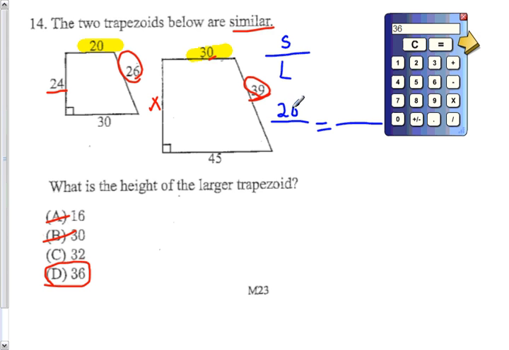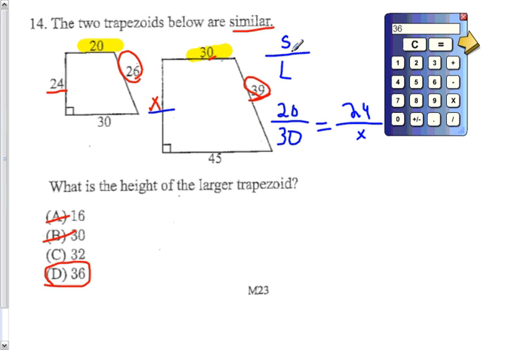So the 20 in the small corresponds to the 30 in the large, and the 24 in the small corresponds to what we don't know, the unknown, in the large figure.